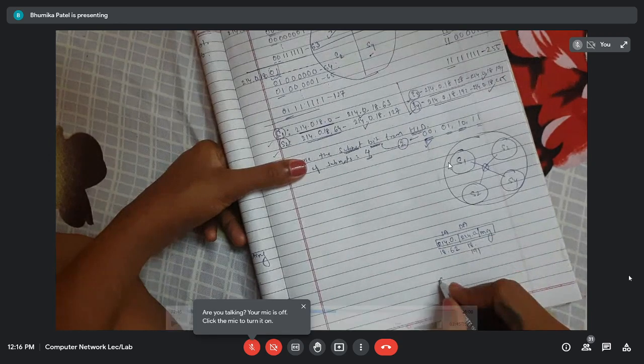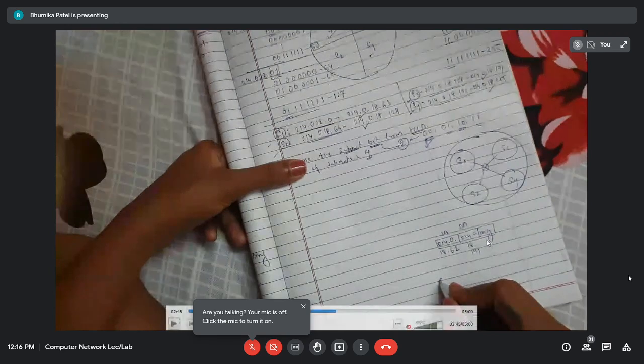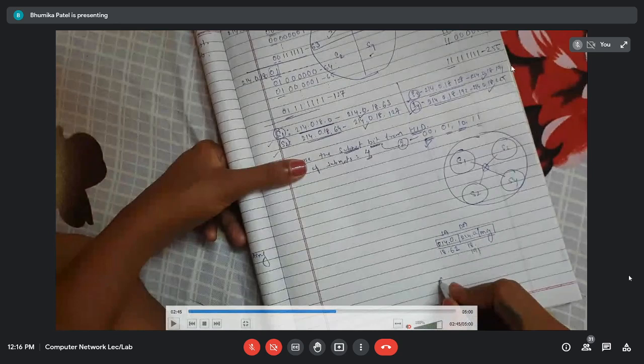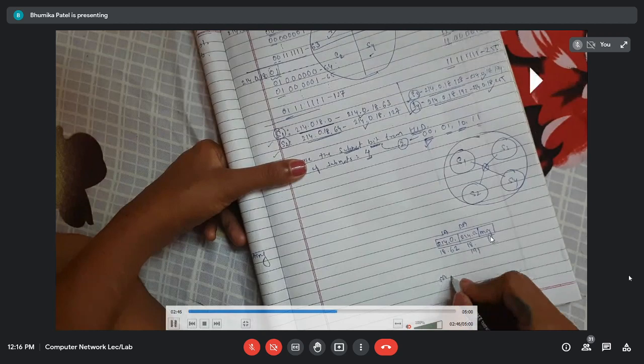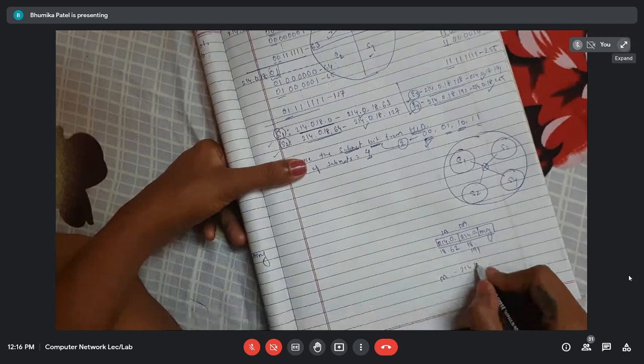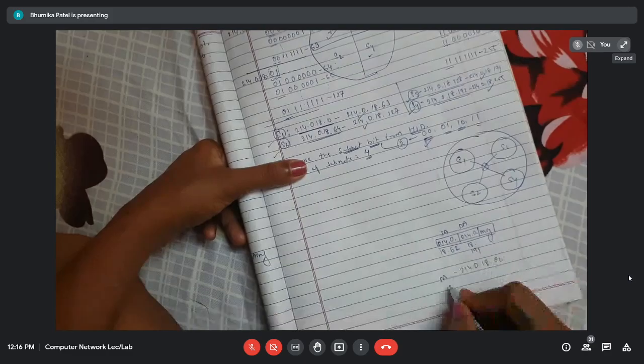As you can see, 62 belongs to subnet 1. So one of the devices from subnet 1 is trying to send a message to the device whose IP address is 191. But here 191 is the directed broadcast address for subnet 3. So all the devices in subnet 3 will receive this message, not only a single device, because it is a directed broadcast address for subnet 3.